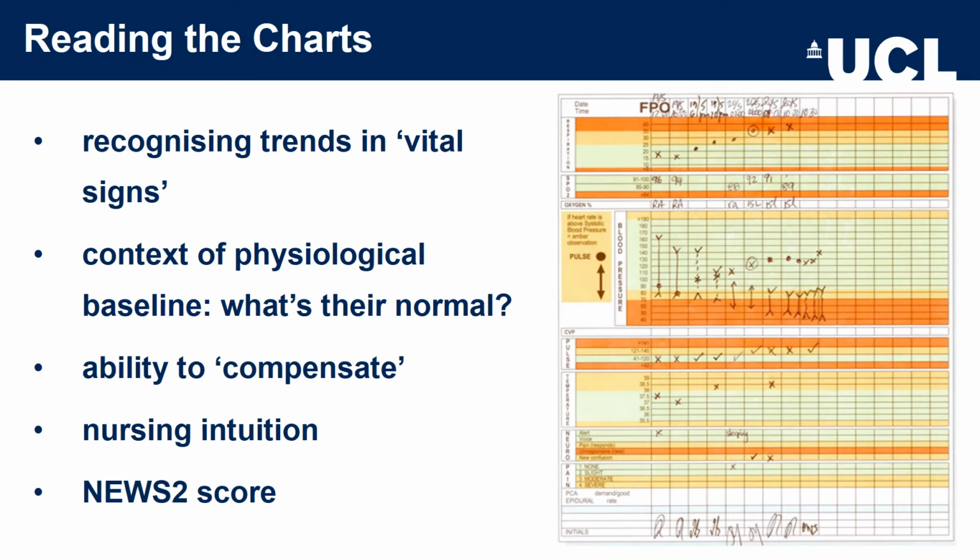So as well as being able to recognize acute illness, it's also important to be familiar with and read the charts. So recognizing trends in vital signs is a really important skill to have. You've got to be careful about not misinterpreting raw numbers, because remember that for most patients, they will be different.